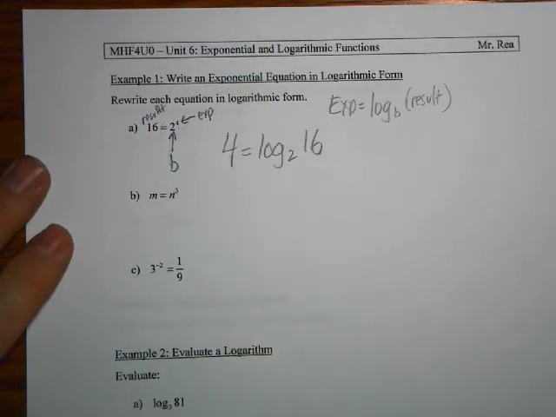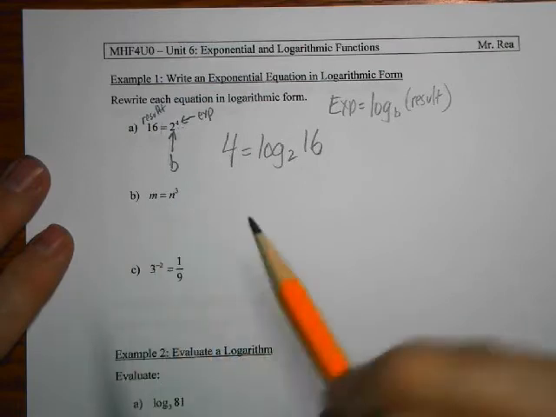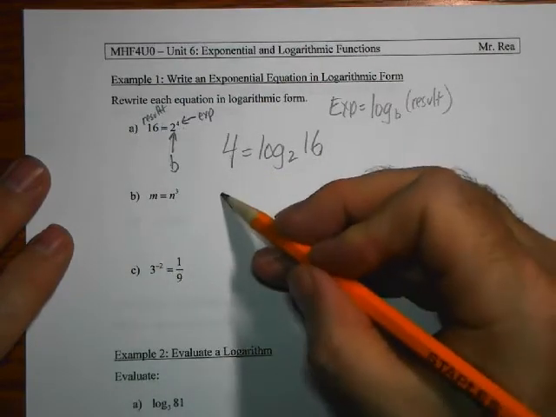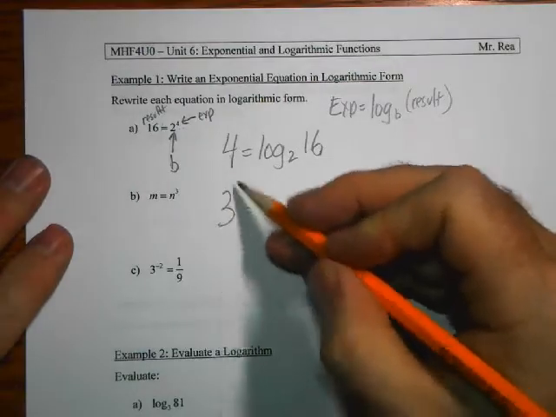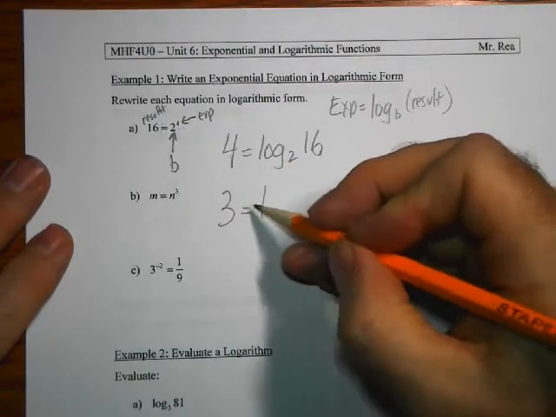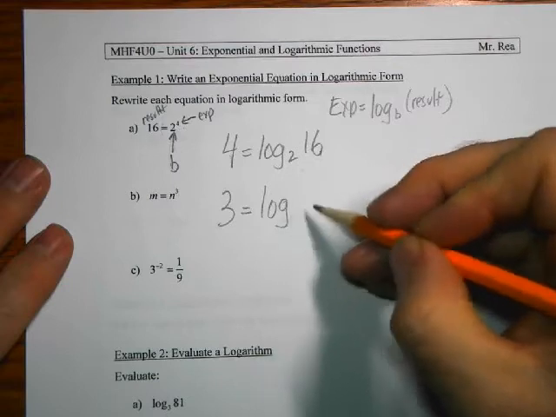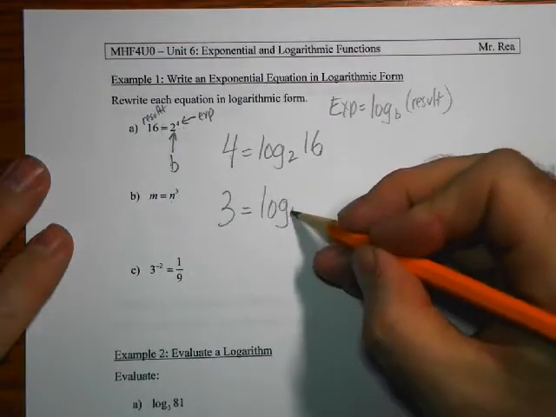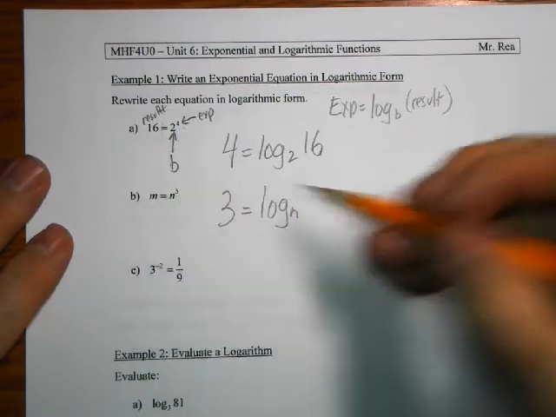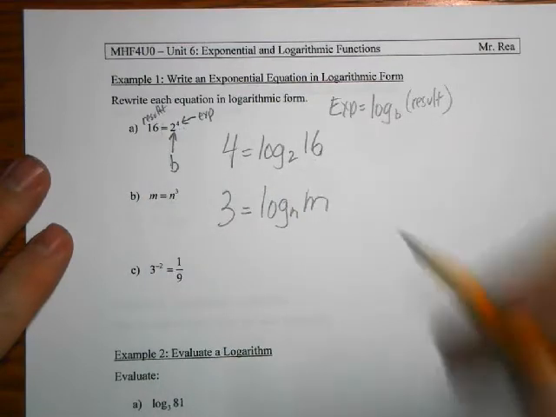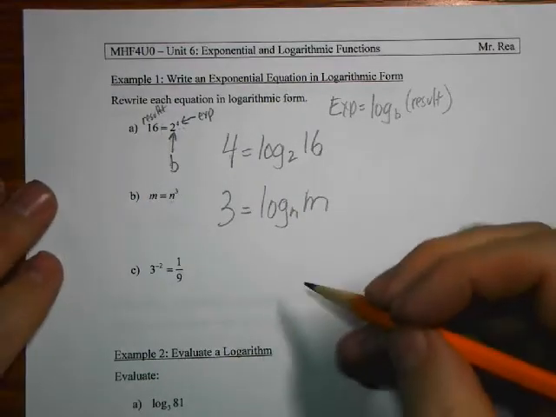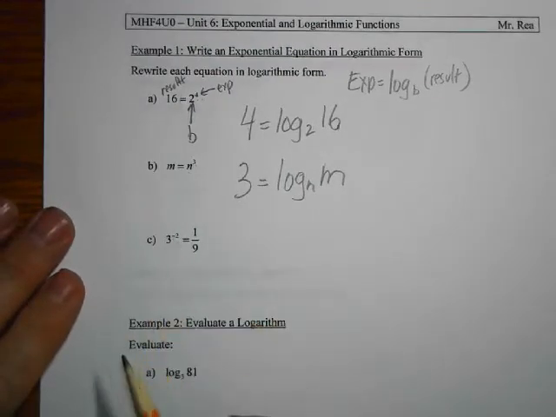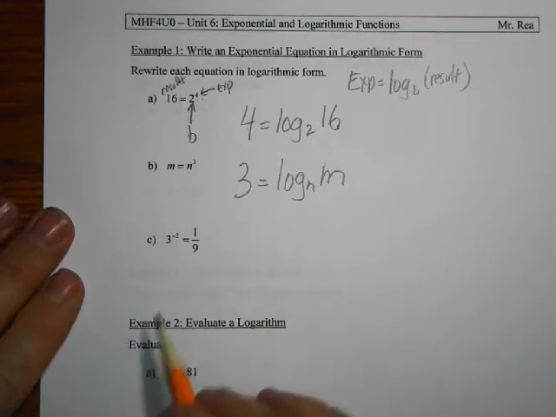Okay, so let's try it with this one here. Again, I want the exponent. Here the exponent is 3. So 3 is the logarithm base n of the result, which is m. Next one here, we've got a negative exponent this time. 3 to the negative 2 equals 1/9.